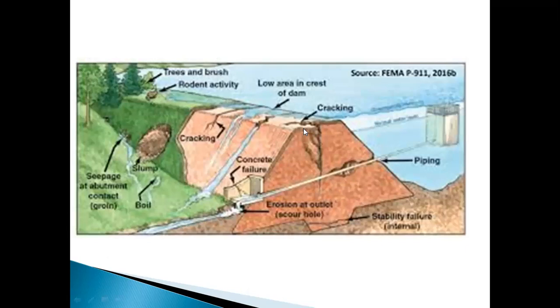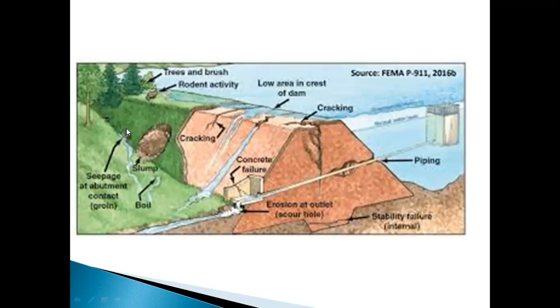What are the possible failures? Cracks will appear. Toe failure, erosion at the outside, scouring will occur. It is called the toe failure. And in the middle of the dam, water will come through the middle of the dam, which is piping. So these are the major seepage failures.